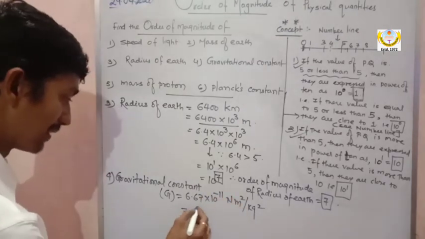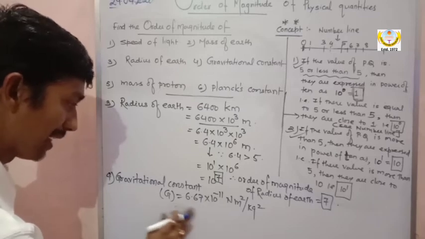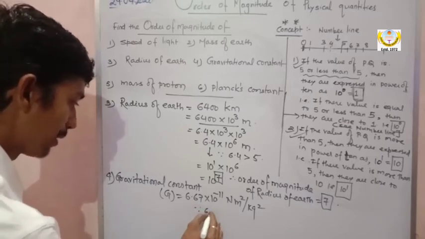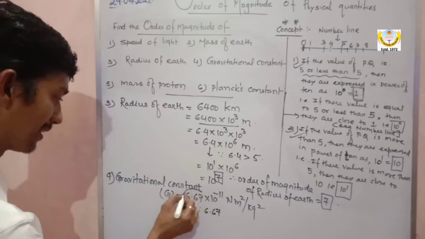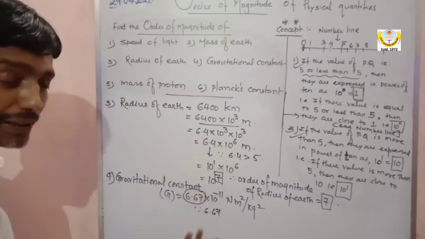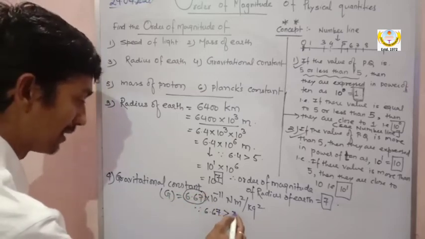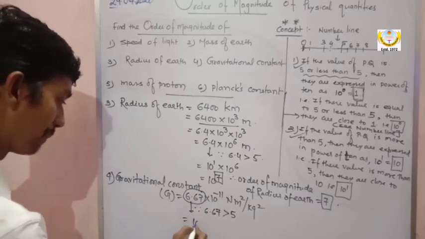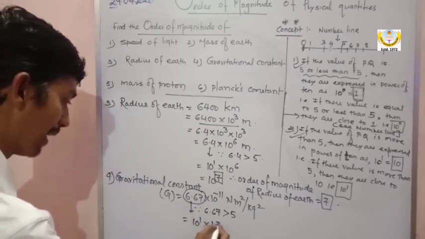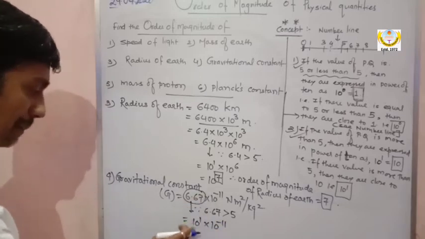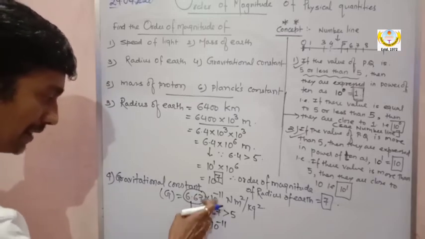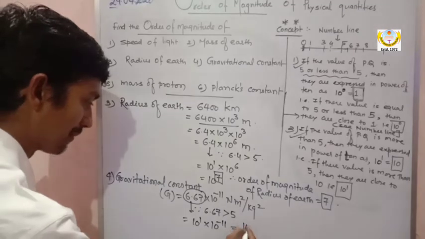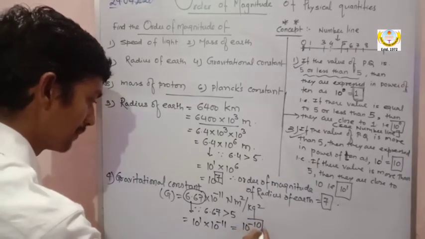Now here, my dear, this is 6.67. Since 6.67 is already given in one digit, no need of any conversion. Since 6.67 is greater than 5, here it will be 10 power 1 into 10 power minus 11. This is 10 power 1 because it is greater than 5, into 10 power minus 11. So the answer will be 10 power minus 10.